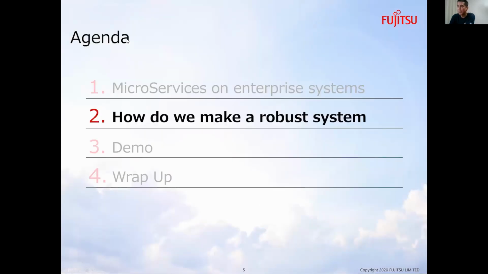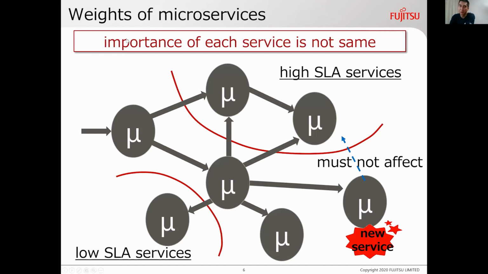So how do we make service robust? When considering the reliability in microservice, we should know the importance of each service is not the same. That is, some services are required very high SLA, but some are not.